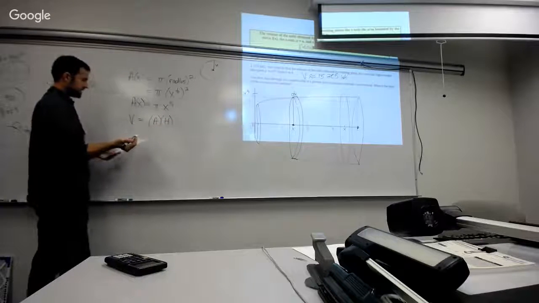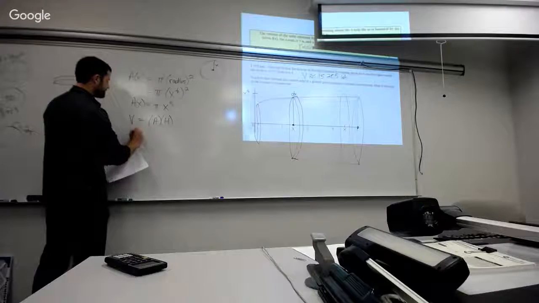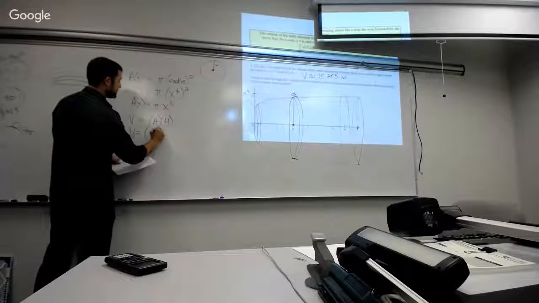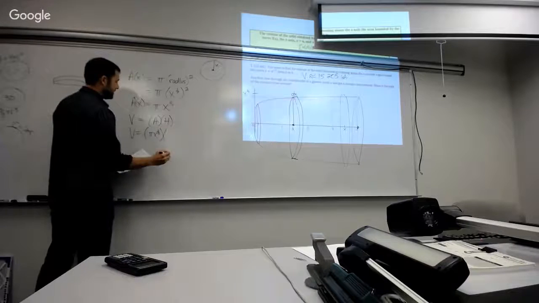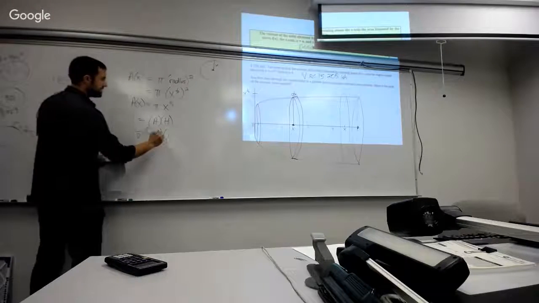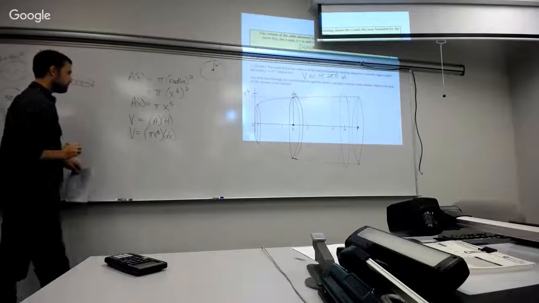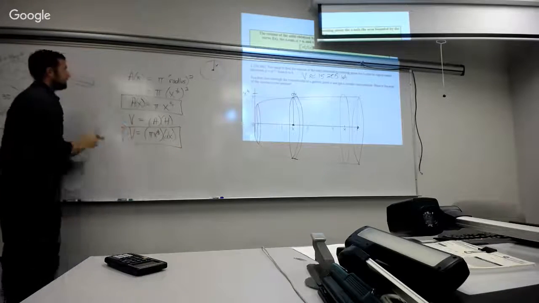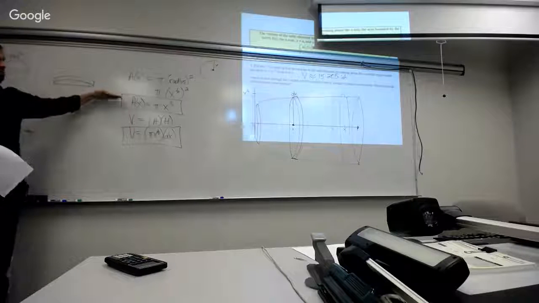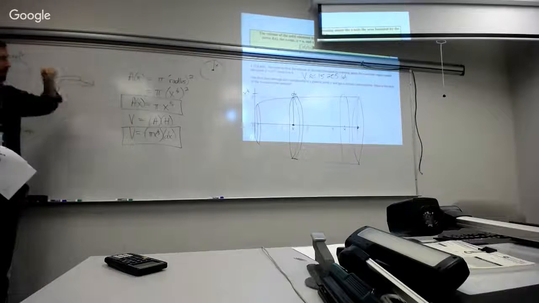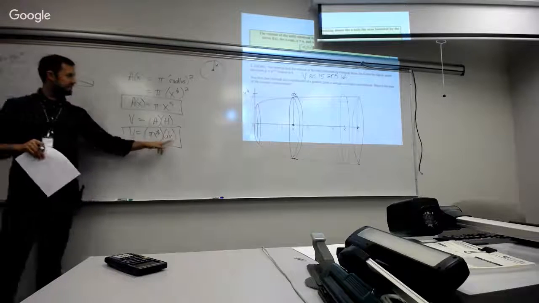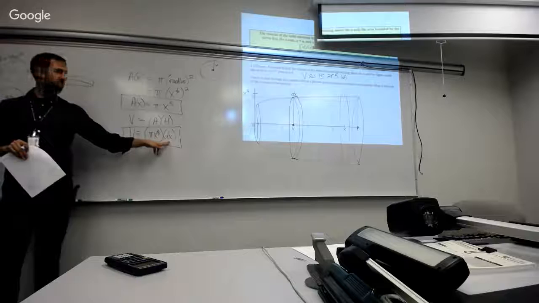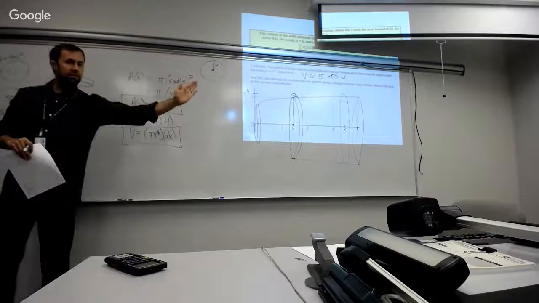In that case, the volume is pi x to the 2/7, and the thickness, or the height of each cylinder, is dx. So we're moving along here. We've got the surface area of each circle, and now the volume of each disk. Each disk is infinitely thin, and we're going to add those all up along the entire length of this object.